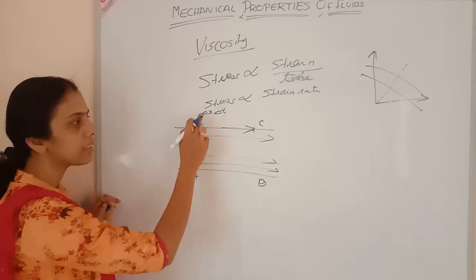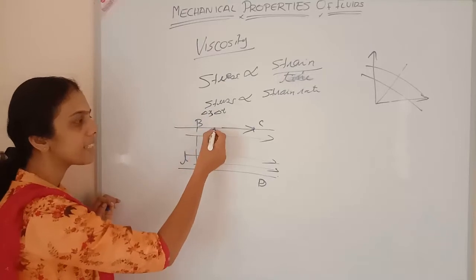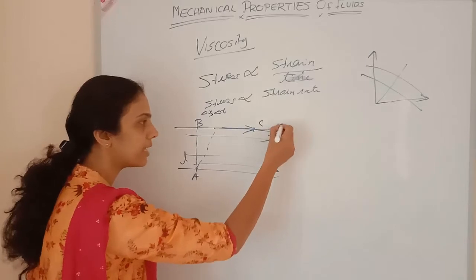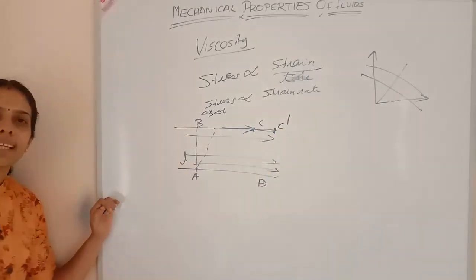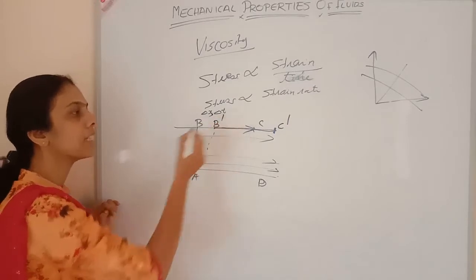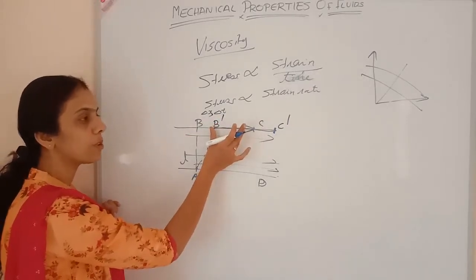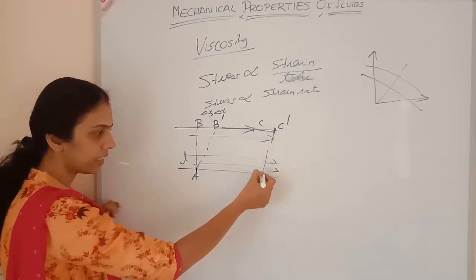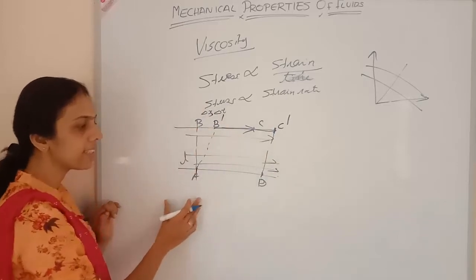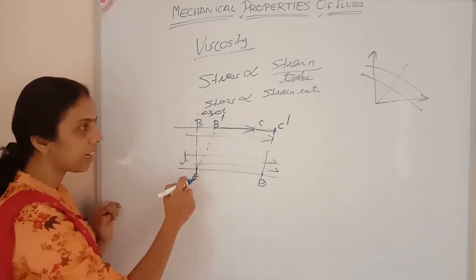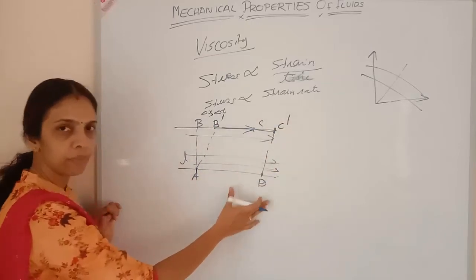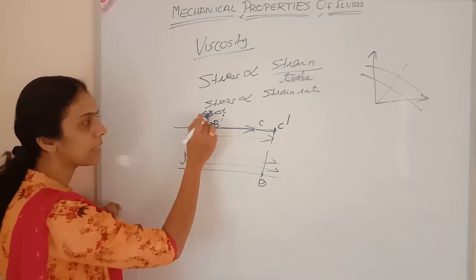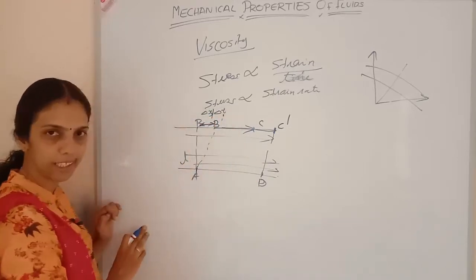BC reaches the position B dash C dash, and we can consider D to remain over here only. It was ABCD, and now the new position is A, B dash, C dash, D in an interval of time delta t. Delta x is the displacement that happened.